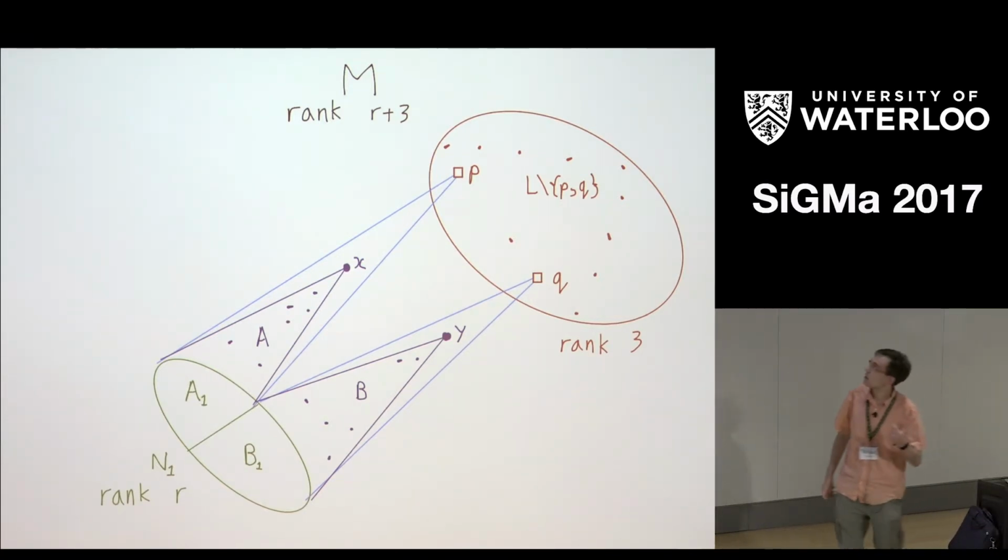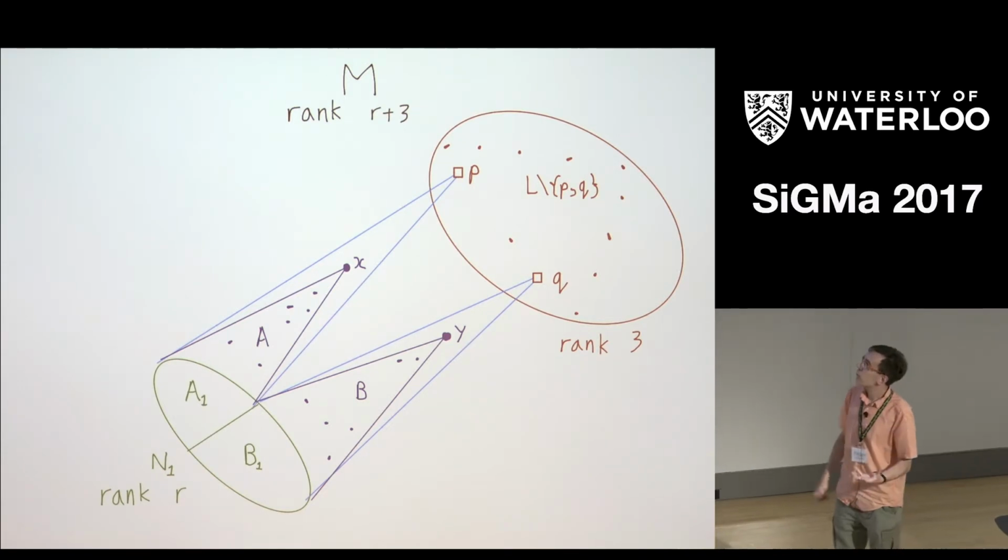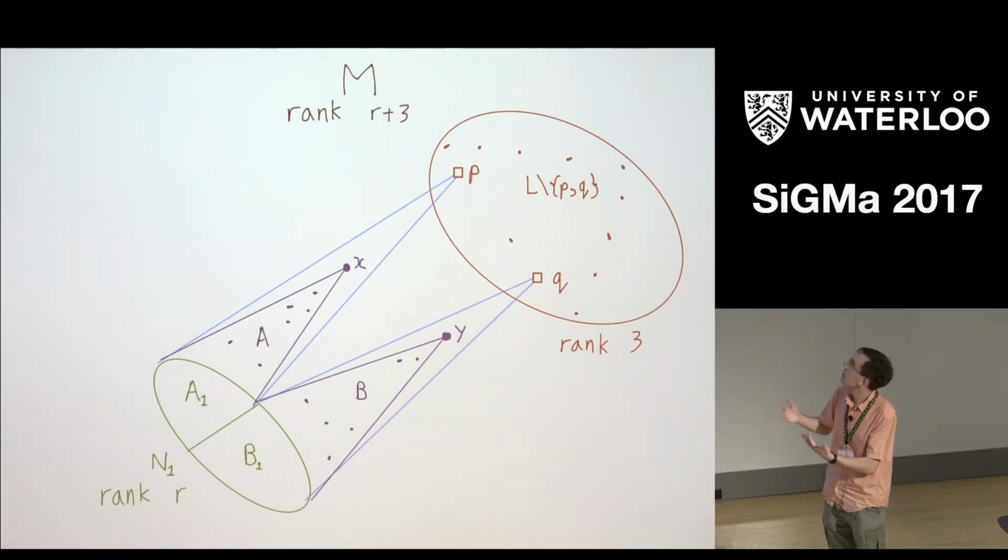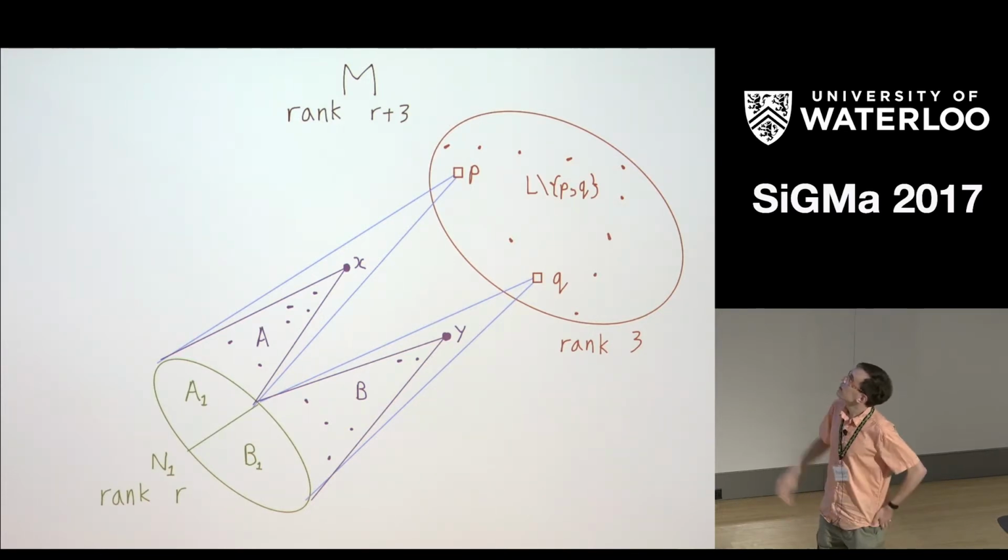And to see that it's not real representable, we're going to use the extending to intersection property.